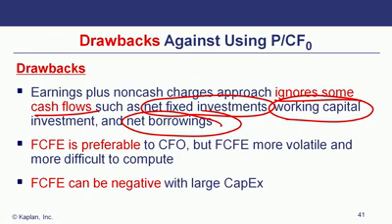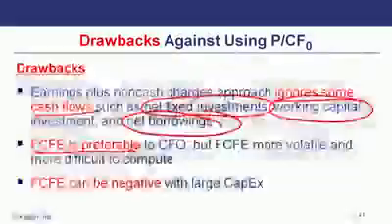And this is why free cash flow to equity is more preferable to cash flow from just operations, because cash flow from operations doesn't show the cash flow truly available to the equity holders, because we're not factoring in the capital expenditures, and we're not factoring in the changes in working capital or the additional or lesser funds available due to borrowing. All right?